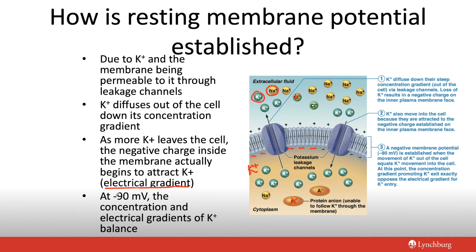At a voltage of -90 millivolts, the concentration and electrical gradients of potassium balance. So what does that mean? We have a concentration gradient pushing potassium out of the cell, and we have an electrical gradient wanting to move potassium back into the cell.